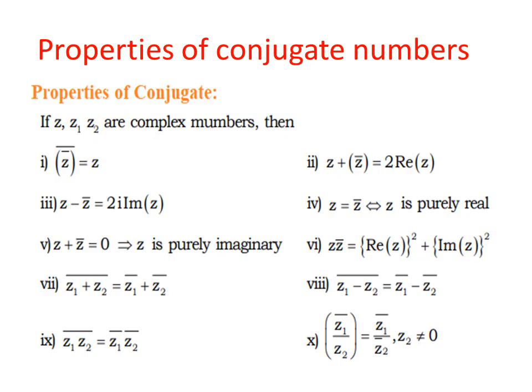The conjugate of z1 minus z2 is z1 bar minus z2 bar. The conjugate of z1 z2 is z1 bar z2 bar. The conjugate of z1 by z2 is z1 bar by z2 bar, where z2 is not equal to 0.